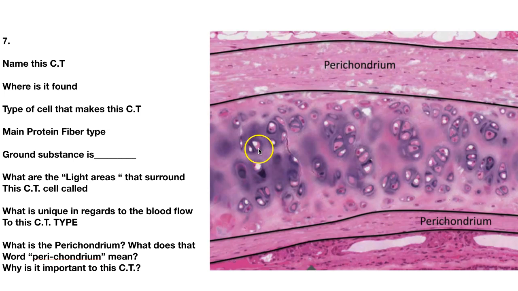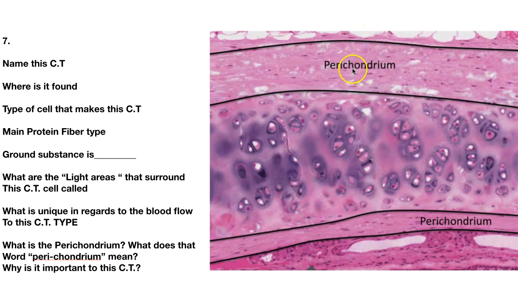These are the lacunae, even though they're not nice and white and round, but hopefully you can kind of appreciate there is something surrounding these chondrocytes. Those are the lacunae. What's unique about cartilage? Again, it's avascular.